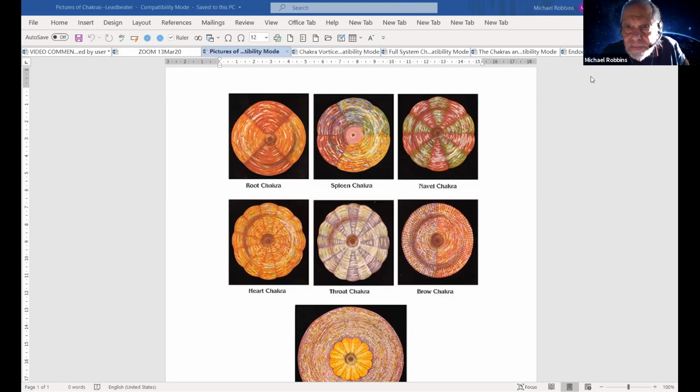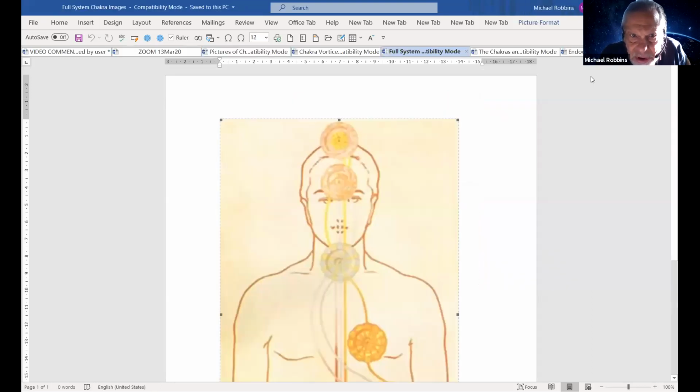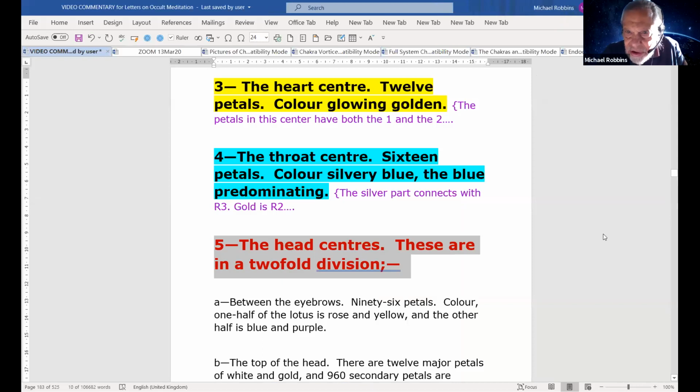Okay, now let's see where we are. See, here's another illustration, but it is so vague that we really cannot make anything out of it. So we'll come back over to this point. The two head centers, that's what we're dealing with. And between the eyebrows, 96 petals.